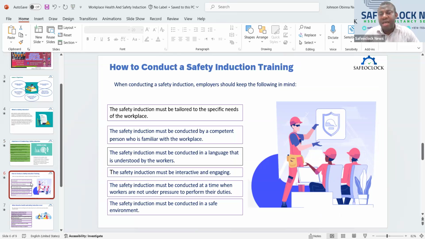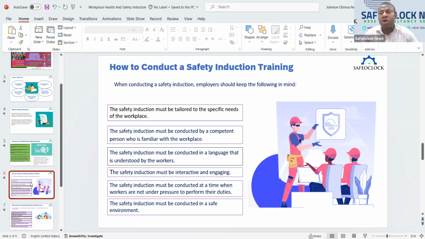Before any employer starts safety induction, you should have basic things in mind. The first thing is that the induction should be properly tailored to that workplace. It should not be generic. It should not be something that you copied from the internet and start giving out to the workers. That safety induction should be tailored to that workplace, to that organization.